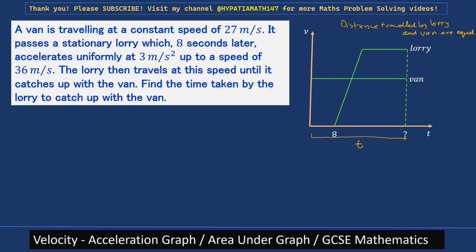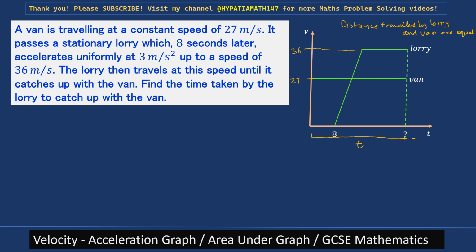So the van has traveled at 27 meters per second, and the lorry at 36 meters per second. I need to find the area under the graph for the lorry to find the distance the lorry has traveled.